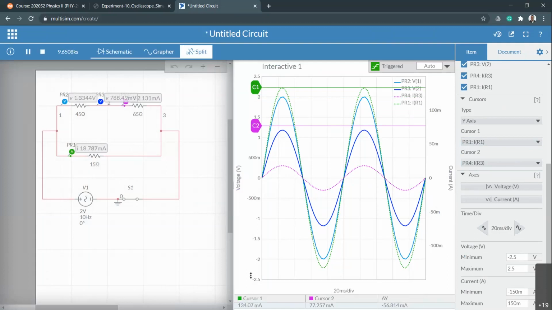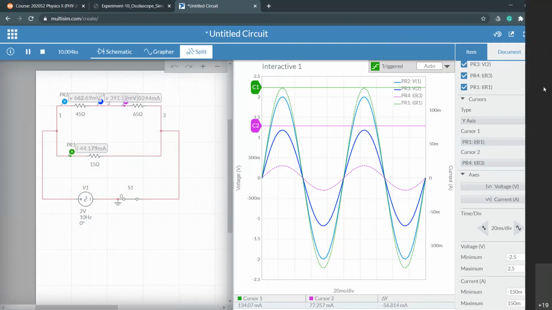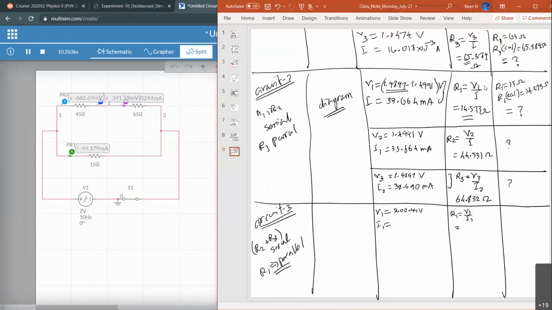That is 134.07 milli, okay? When you read the data, read it with the right unit, 134.07 milli. So calculate the resistor R1 to see whether I'm getting the right value.